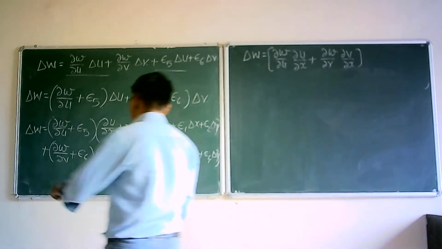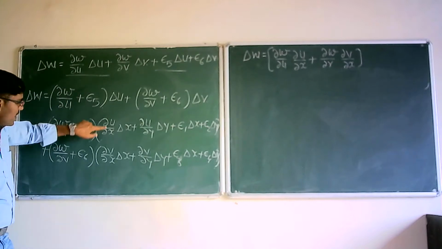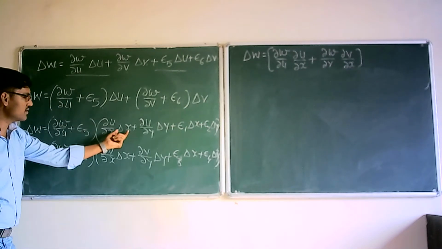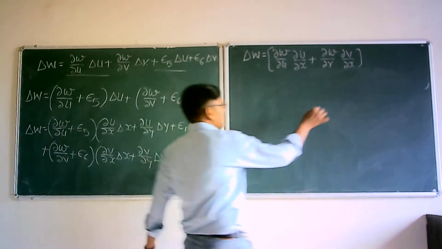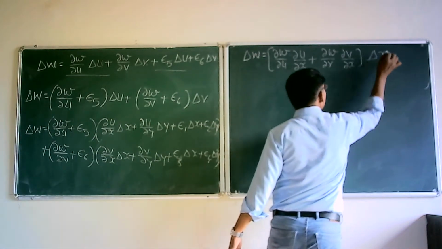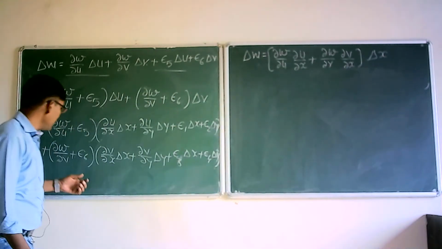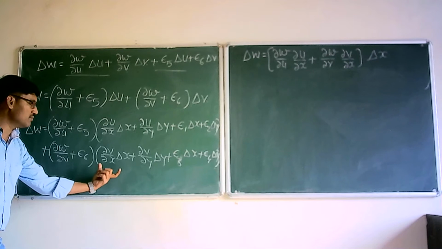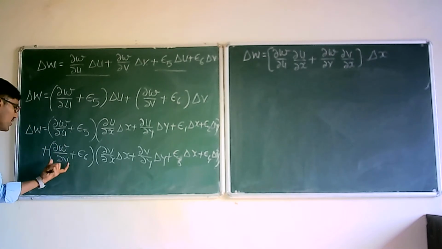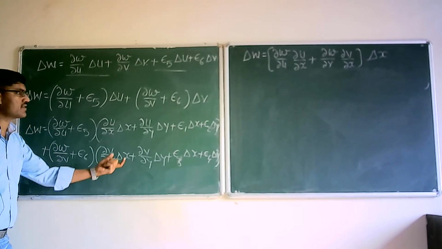Okay, that is delta w by delta u, delta u by delta x. This is a term containing delta x, and this is also a term containing delta x.